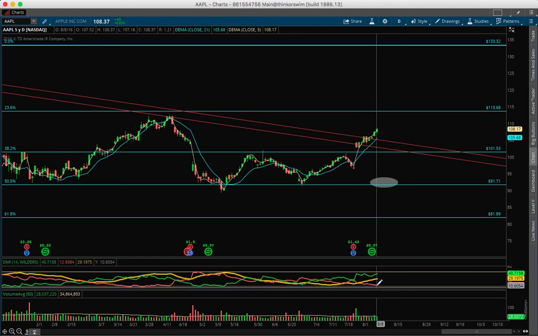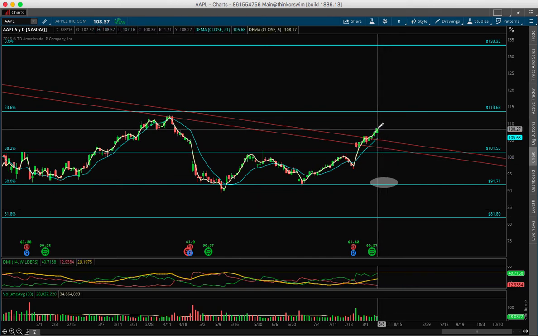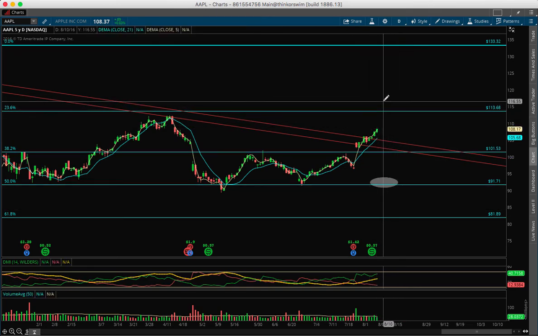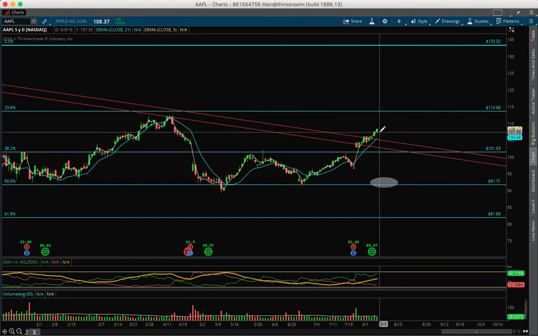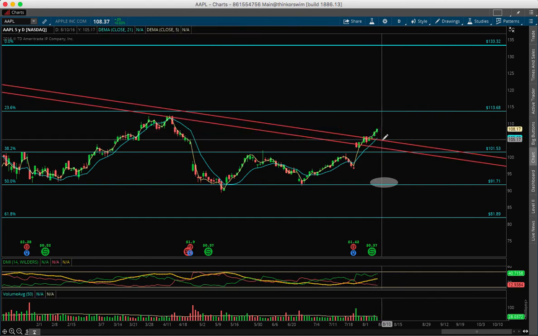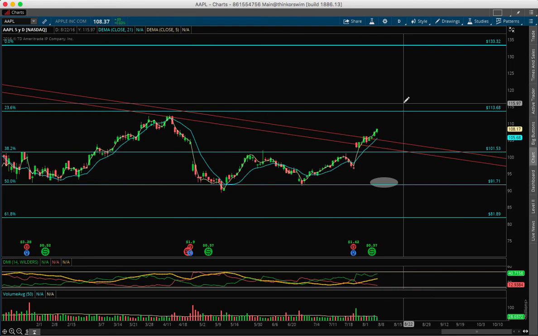There is still room in the directionals, in the plus directional and the minus directional. So I think it's going to hit 114 very soon. If you want to enter here, that could be a nice position. But my kind of trading is I want to enter when it goes down and bounces. That's what I want to trade.